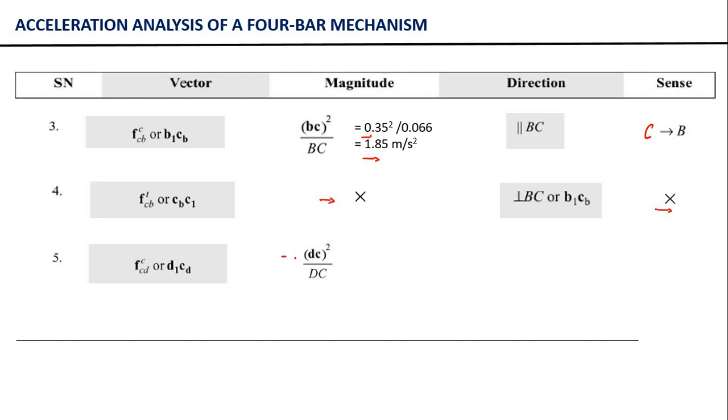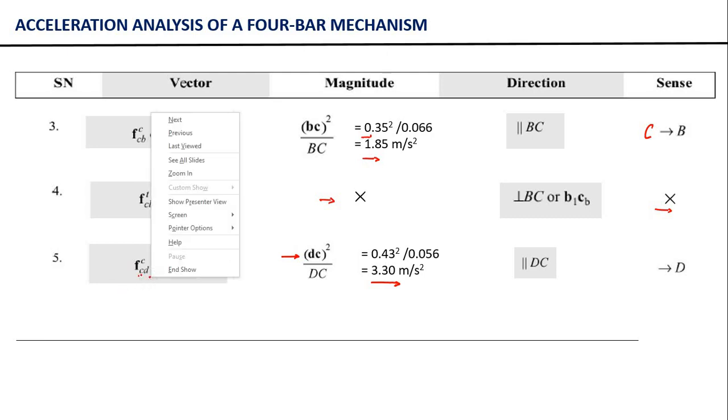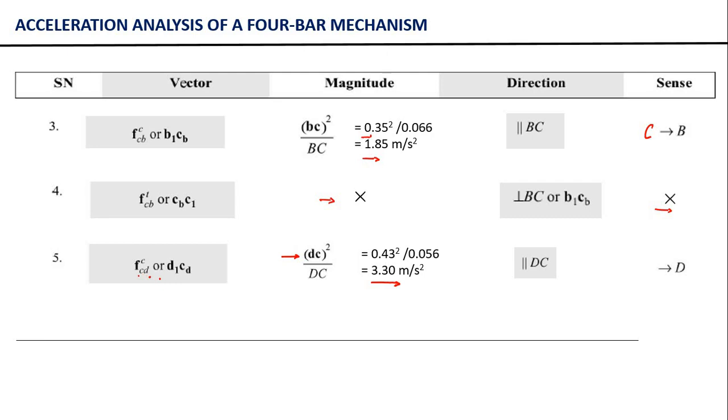We can measure this from the velocity vector diagram, and calculate the magnitude as 0.43 square divided by 0.056, equal to 3.3 meter per second square. If you carefully observe, the direction of this will be parallel to DC, and the sense will be from C towards D. Just remember, we are saying acceleration of C relative to D, so this will obviously be from C towards D.